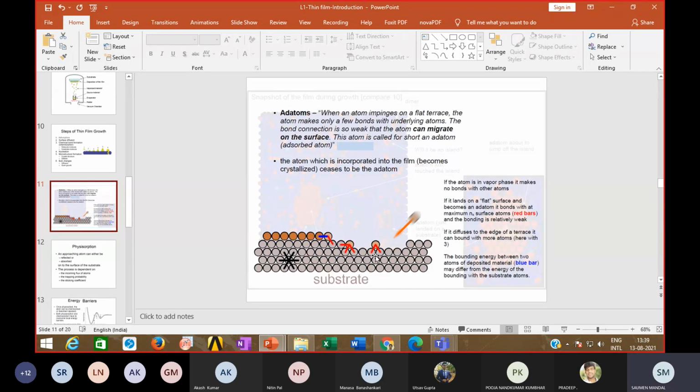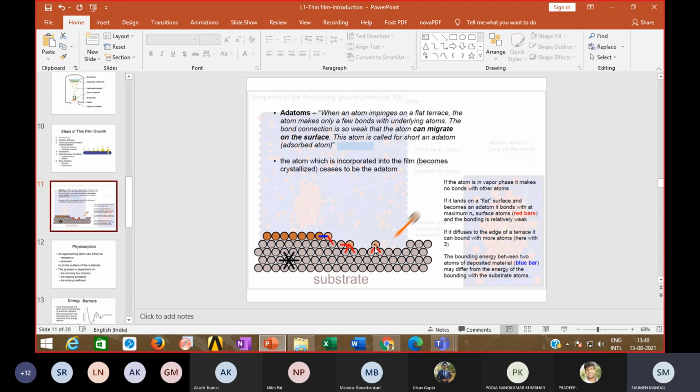Actually, this hop distance. Let's say this atom is coming here. The atom first lands here itself, and then it moves on the surface, and during this movement it basically does this hopping.